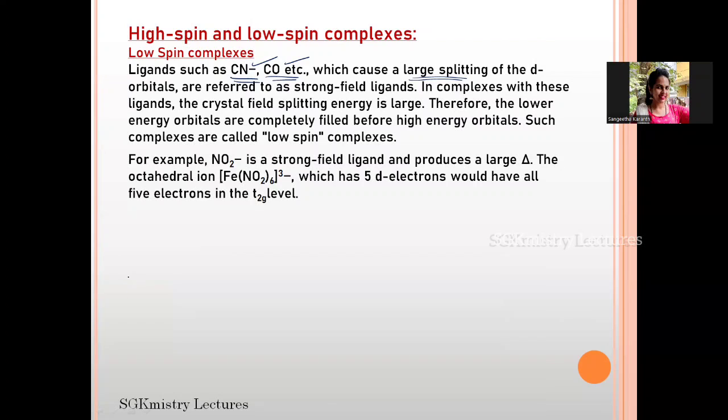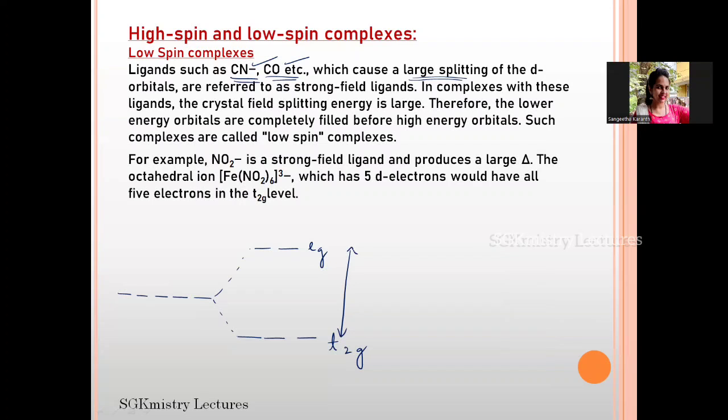First of all, there are 5 orbitals. These 2 orbitals will be here, and 3 orbitals will be here. Let me talk about octahedral splitting, so t2g and eg. Whenever these strong field ligands, cyano or CO, are present, they cause this large splitting of the orbitals.